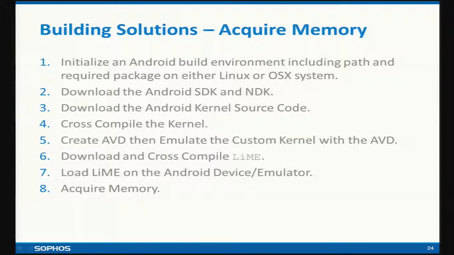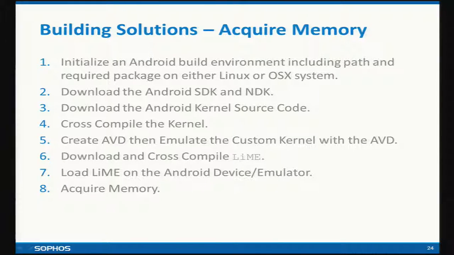So the solution will be based on 3 segments. Segment 1 will outline the required environment and steps for memory acquisition. In order to perform memory analysis, a copy of RAM from the targeted Android device or emulator is required. Since Android is based on Linux, a newly developed loadable kernel module named LiME is used for memory acquisition.